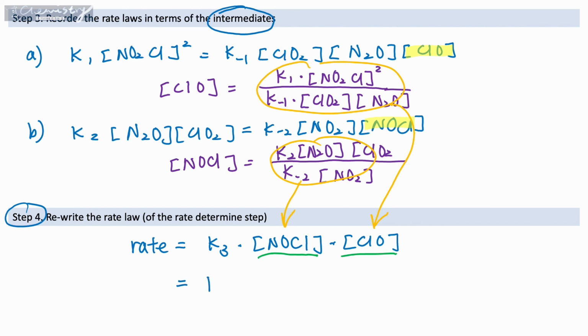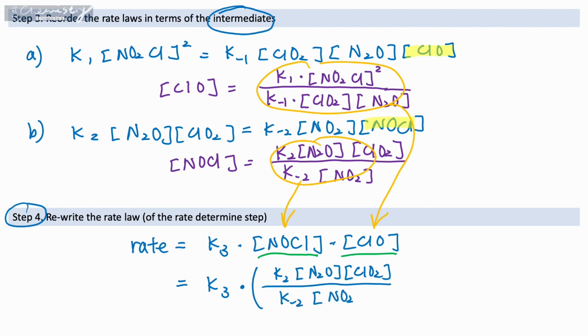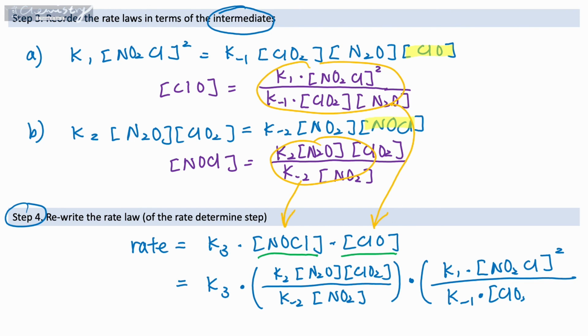So it's equal to K3 multiplied by K2 N2O and then ClO2 divided by K negative 2 NO2, and then multiplied by the ClO, which comes from the top one, K1 multiplied by NO2Cl and then K negative 1 multiplied by ClO2 and N2O.